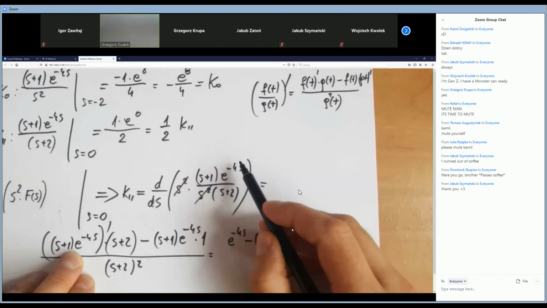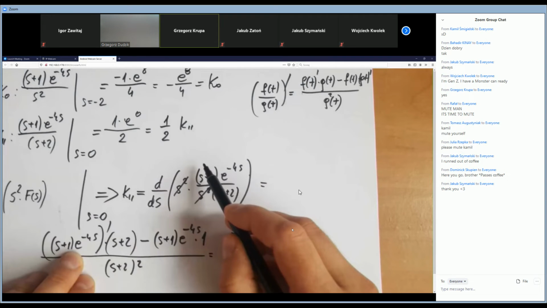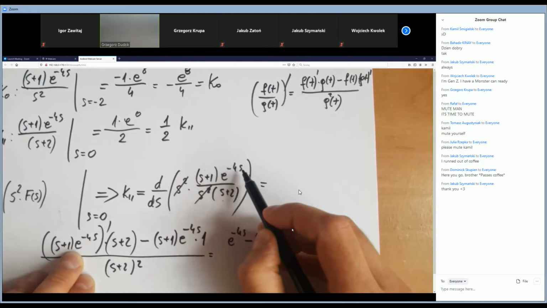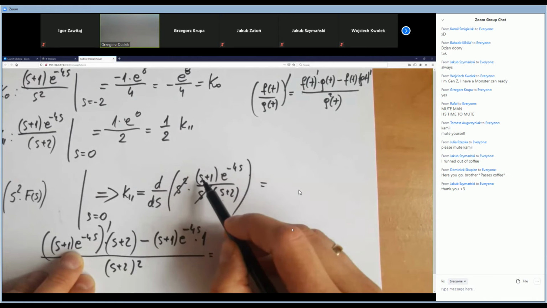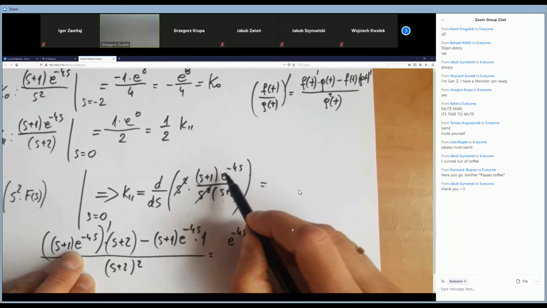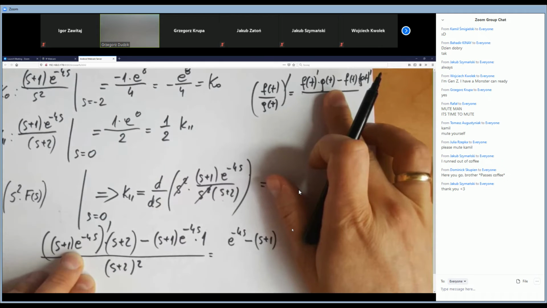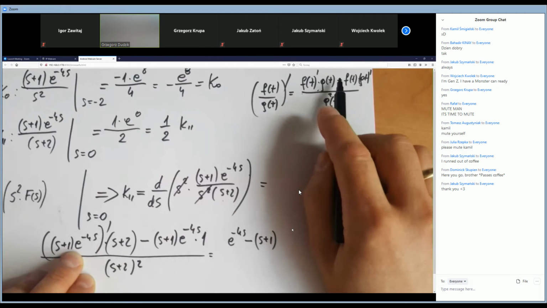Yeah, this is our function here, which consists of two functions, s plus 1 times e to the power of minus 4s. If you wanted to find the derivative of only this expression, which consists of two functions, we used the same, as I remember, expression with minus here or not? Then it is plus, I will check it.